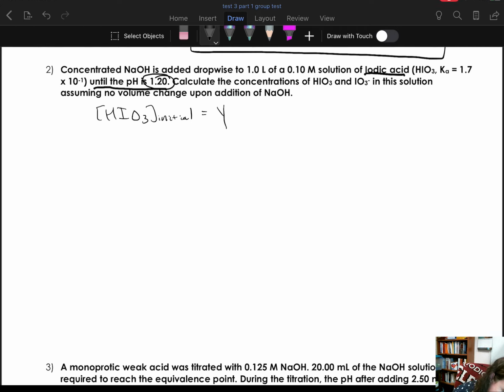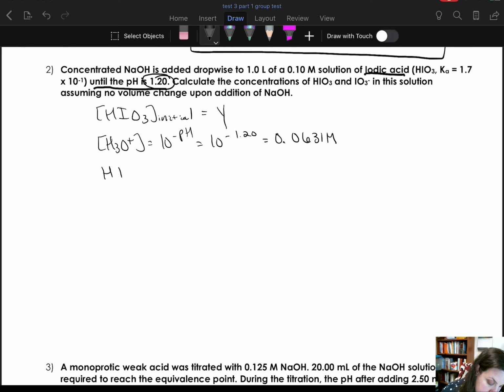So, first thing I'm going to do is take my pH and solve for hydronium concentration. So hydronium concentration is equal to 10 to the negative pH, which is equal to 10 to the negative 1.20, which gives me a hydronium concentration of 0.0631 molar. We can then set up our dissociation.